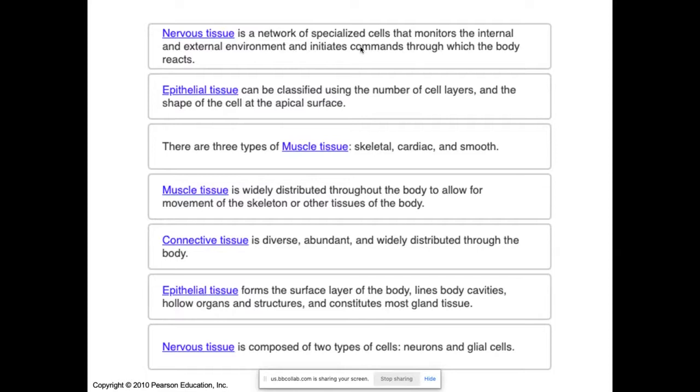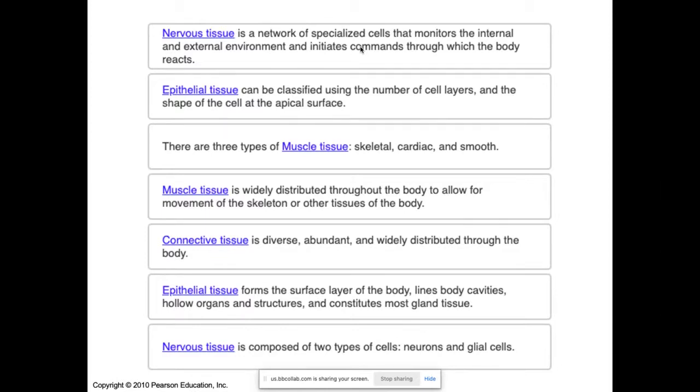And the second type of cell are called glial cells or neuroglial cells. The term glial in neuroglial means nerve glue, like it holds it together. So the neural system receives sensory input, processes it, and sends out a motor command.